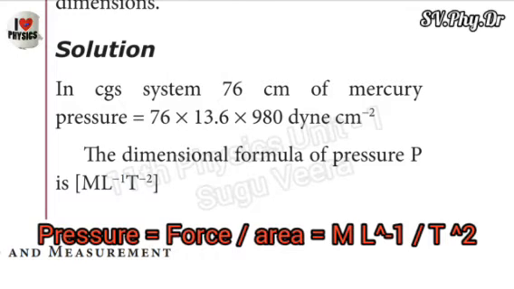The dimensions of force are M L T^-2 and the dimensions of area are L². That means the dimensions of pressure P are M L^-1 T^-2.